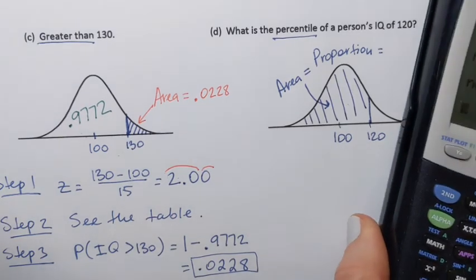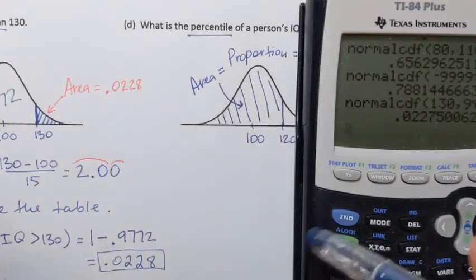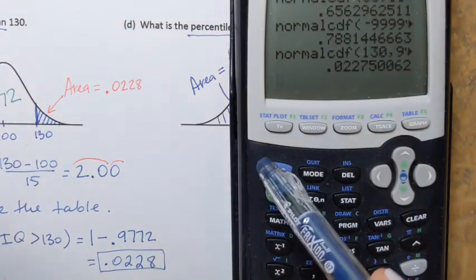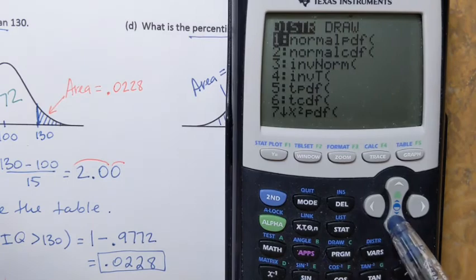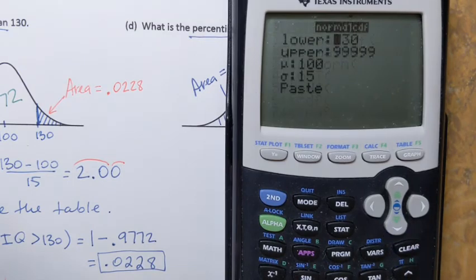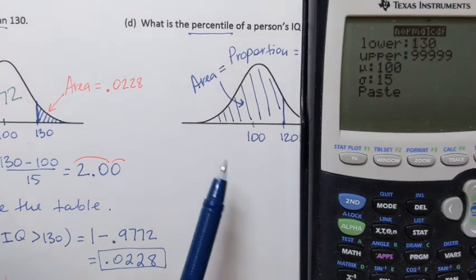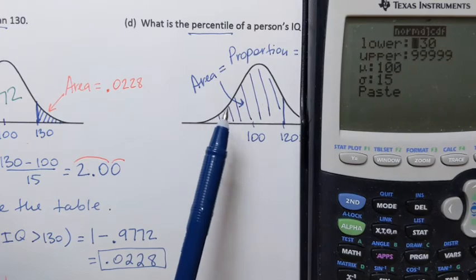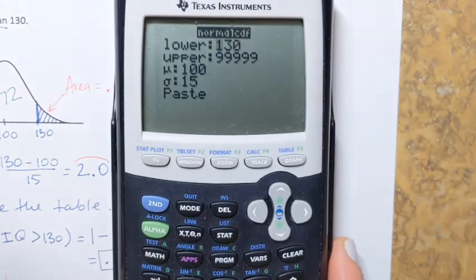Well, using the calculator, we find this area by pressing second, vars, then go down to line number 2, normal CDF. Now I have to describe my region. What is the left boundary? The lower boundary is the one on the left. Well, I don't really have it, so I'm going to create it myself. A very small number, so negative 9999.